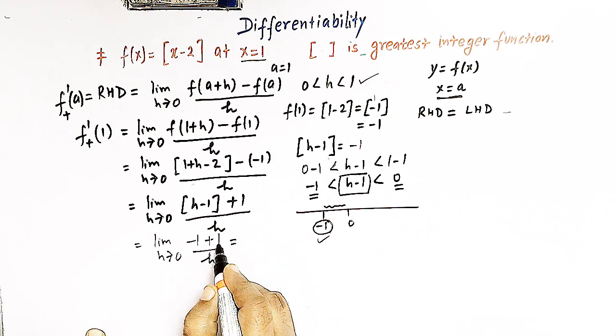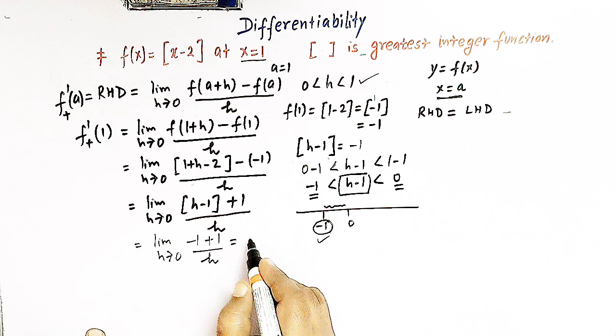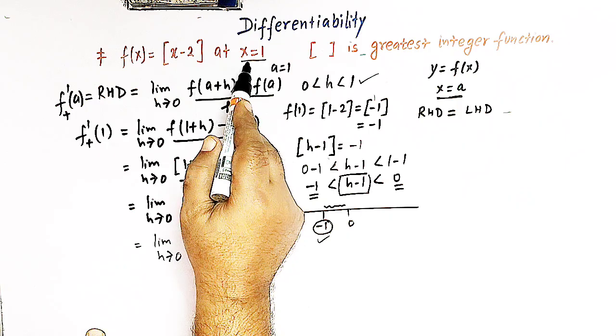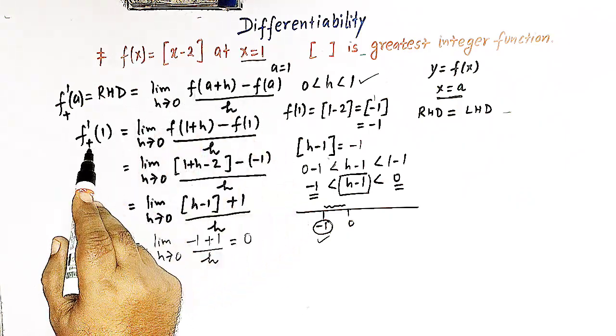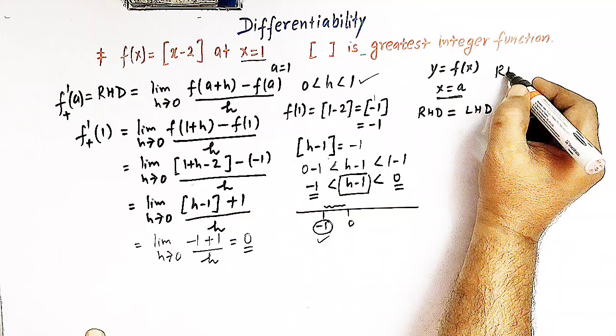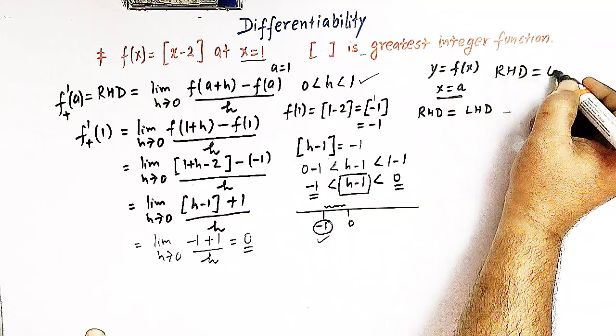Now minus 1 plus 1 is 0, so this entire limit reduces to 0, right? So the right hand derivative of this function at x is equal to 1 is equal to 0.